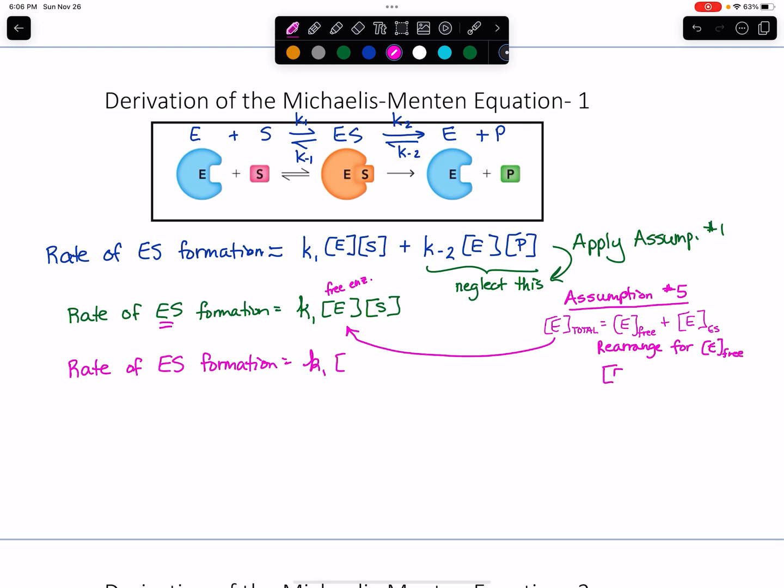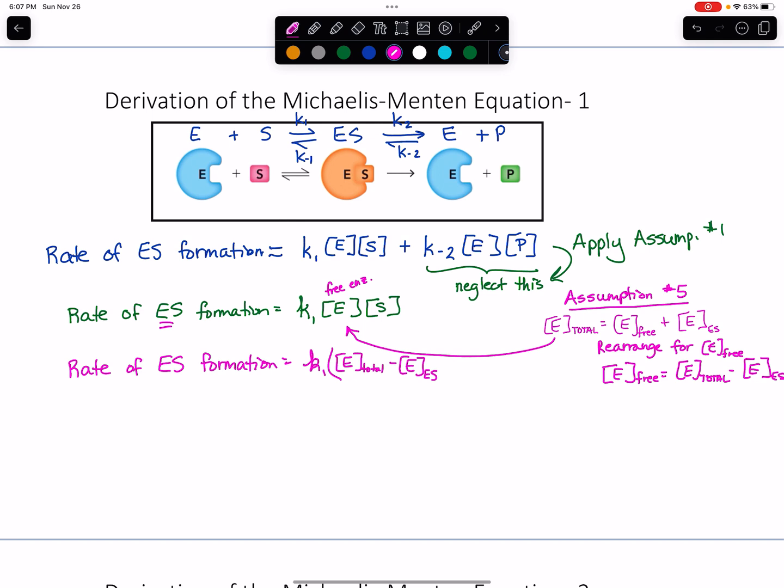So it winds up being the total amount of enzyme minus enzyme in the enzyme substrate complex. So that makes this E total minus E in the enzyme substrate complex.